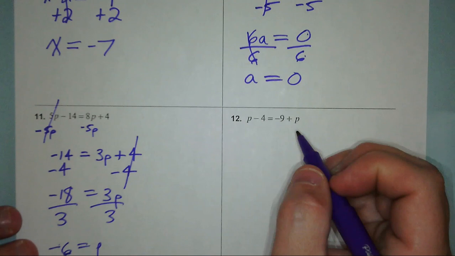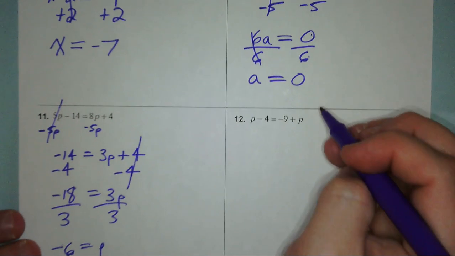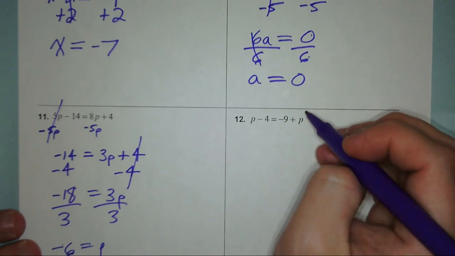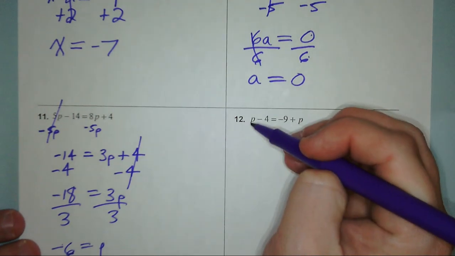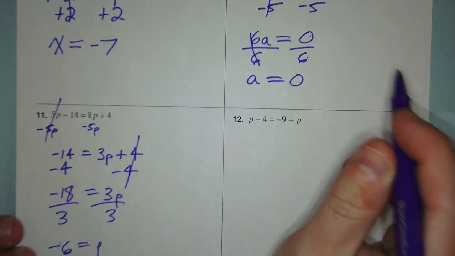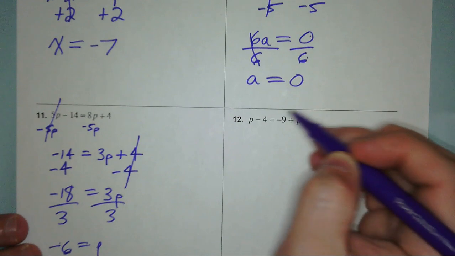I don't know. Well, you might be thinking too far ahead. Just like we have a p over here, which is technically 1p. We have a 1p on the left side. So there's no like terms.